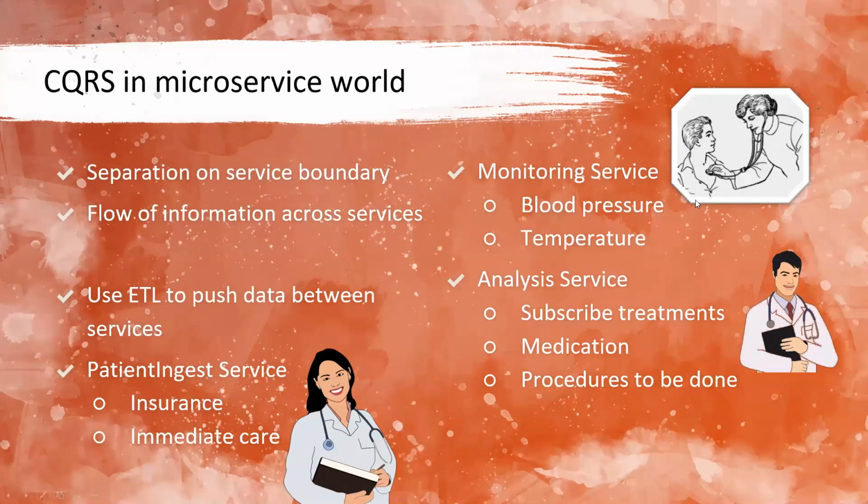Each one of those can have their own system, and the only thing that we need from them is to emit events to the central location. So we have good separation of concerns here. The flow of information now becomes, okay, here are the events that were emitted by each one of those. And then I have the total view on the patient.